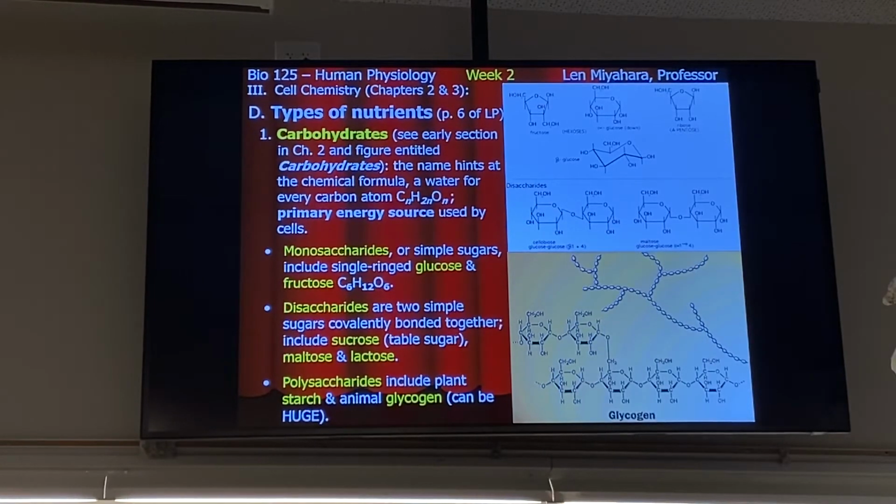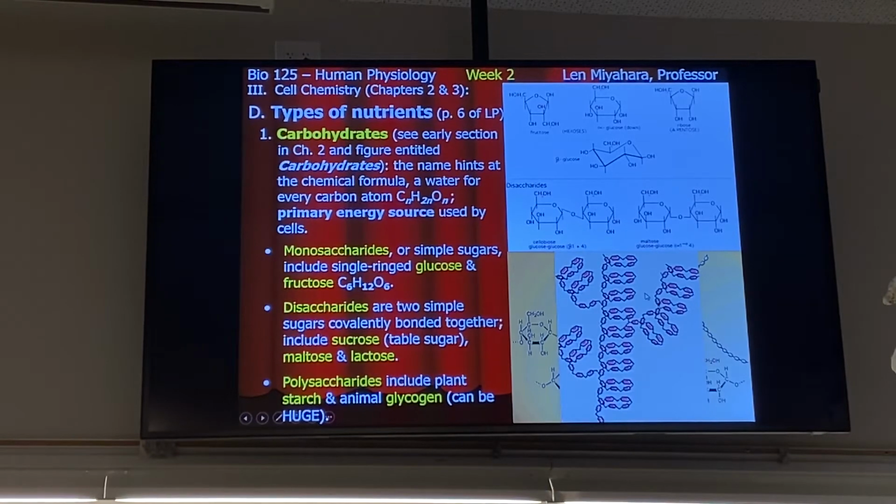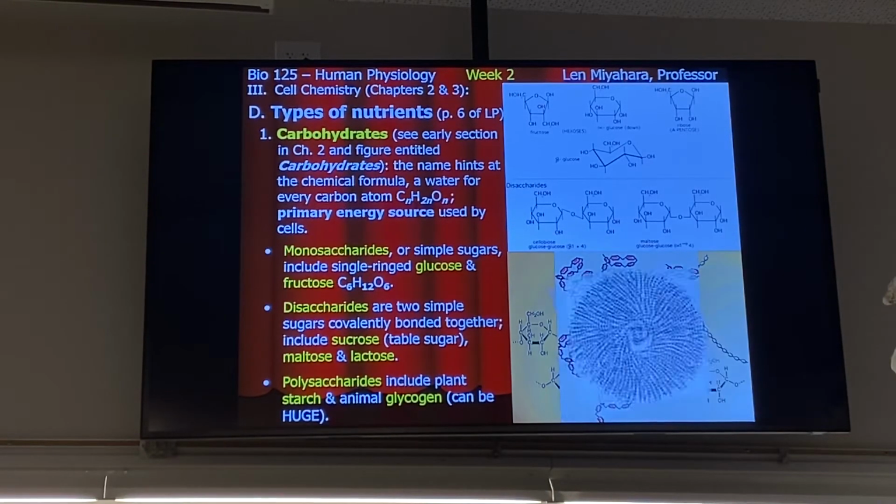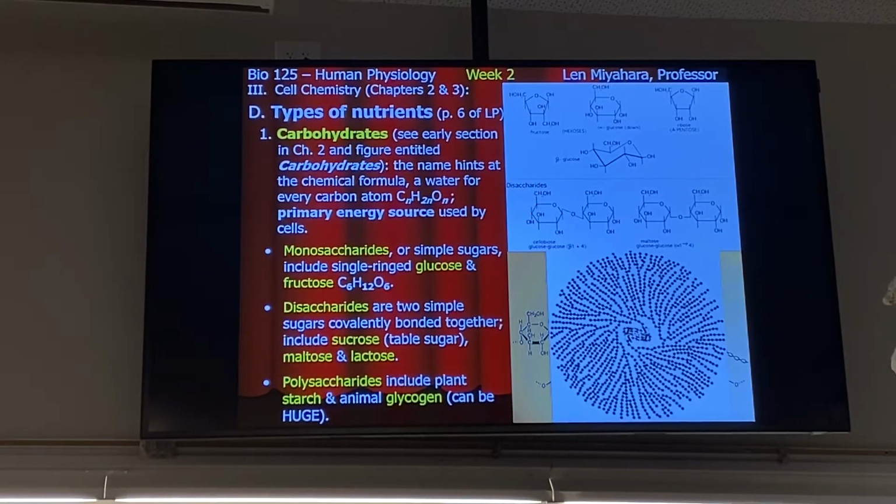These huge branch chains can be huge. Here we got this guy here. Each one of these little white things is a single ring glucose. This one right up here on the top is each one of these white guys. Or each one of these pink guys. Or each one of these black guys. You can see how huge these chains can get.